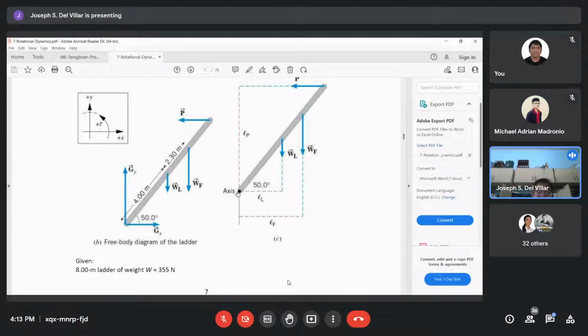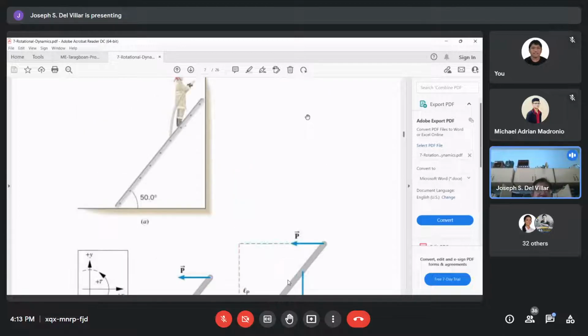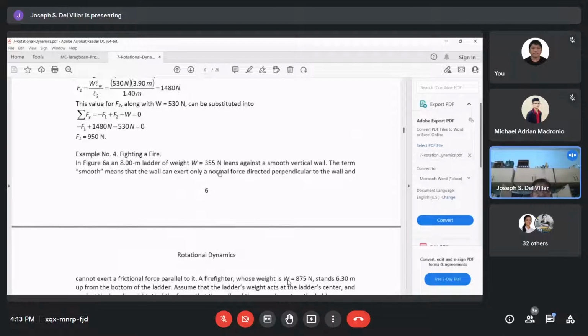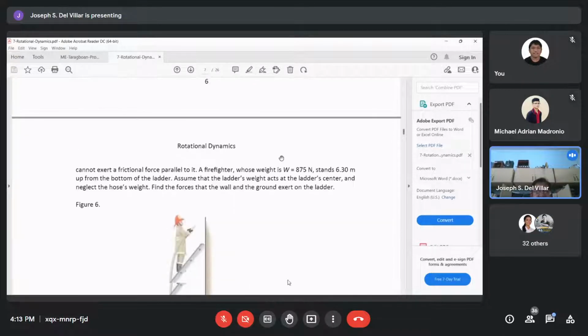Kung magre-reference tayo dito sa axis, ang equation natin is P times LP. Merong LP, di ba? Galing dun sa right triangle, yung 8 cosine ng 40 or 8 sine ng 50. Meron tayong value niyan. So, P lang yung unknown. So, P times LP minus WL, meron tayong WL. 355. Ito, given. Okay?